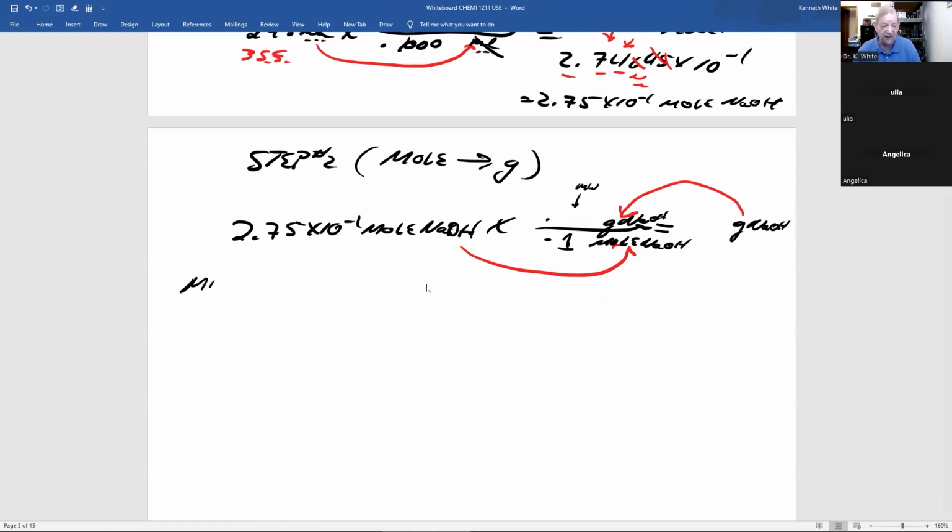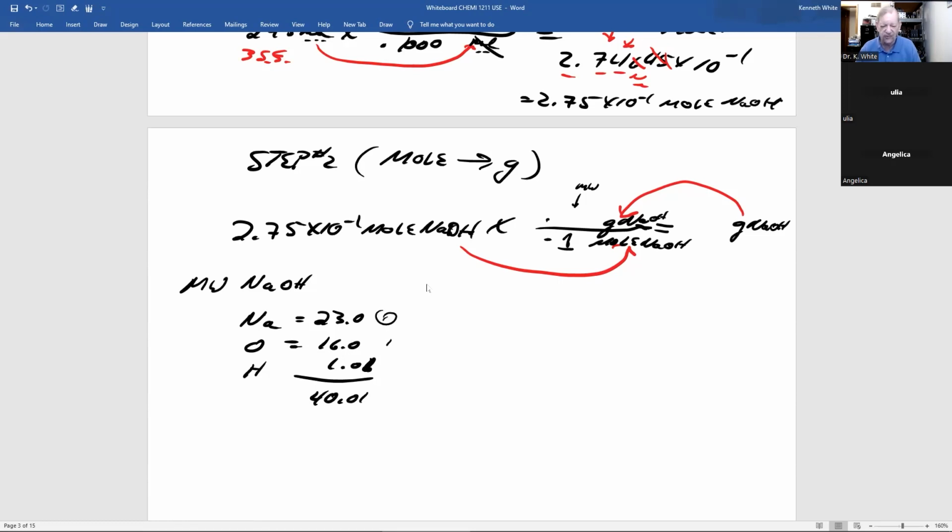Well, I've got to calculate the molecular weight of sodium hydroxide. That's the sum of all atomic weights: 1 sodium, 1 hydrogen, 1 oxygen. You look on the periodic table: sodium, to 3 significant figures, is 23.0, oxygen 16.0, hydrogen 1.01. We've done this before. And this adds up to 40.01.